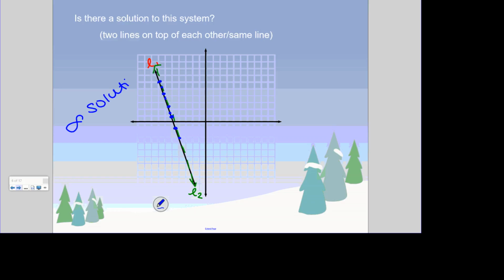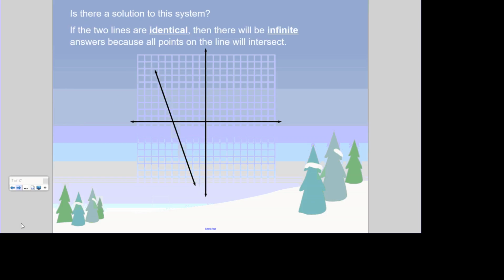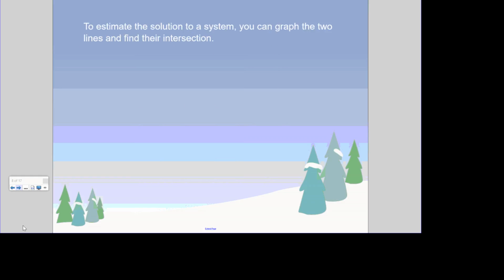So we'll often just draw the infinity symbol or write the word infinite with solutions after it. So if the two lines happen to be identical, then there will be infinite answers or solutions because all points on the line will intersect. So if the solution to a system is the point where it intersects, and this one has infinite intersection points, then we have infinite solutions.